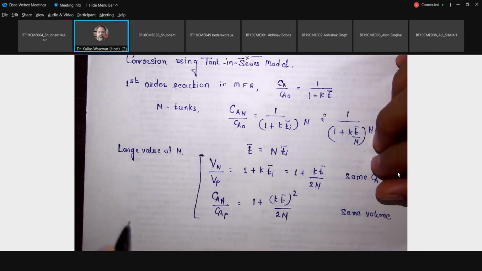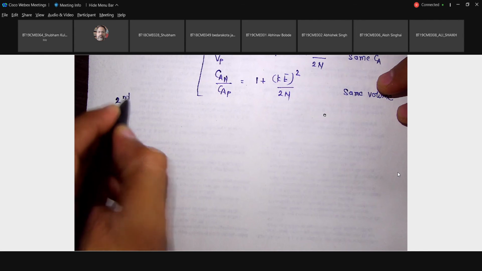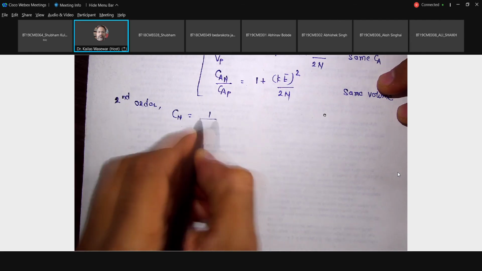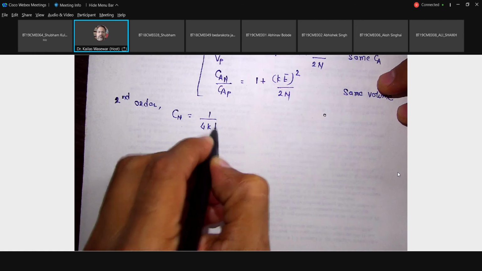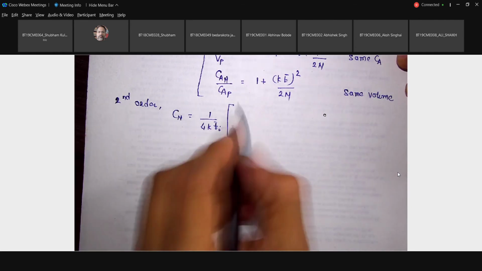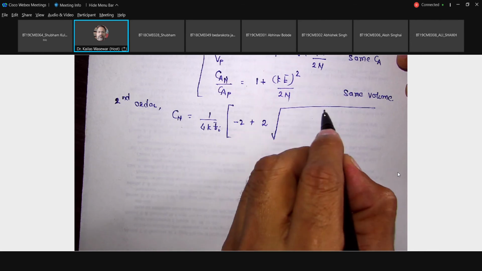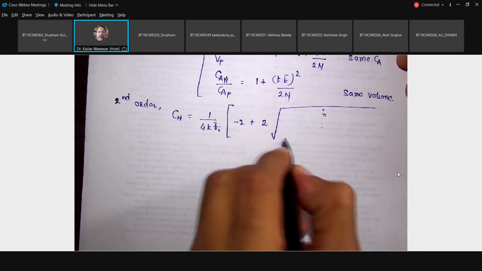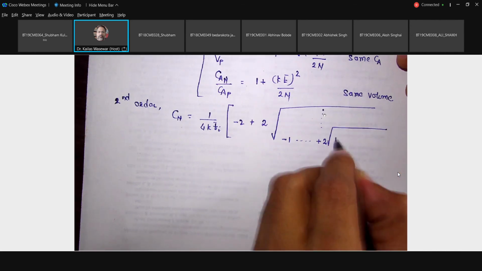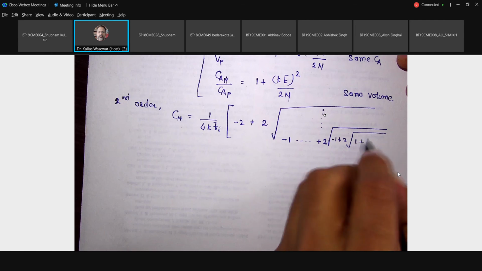But if you go for the second order reaction, Cn is 1 upon 4 times K into square root of, somewhat, minus 1 plus 2 into square root of 1 plus 4 C0 K Ti.